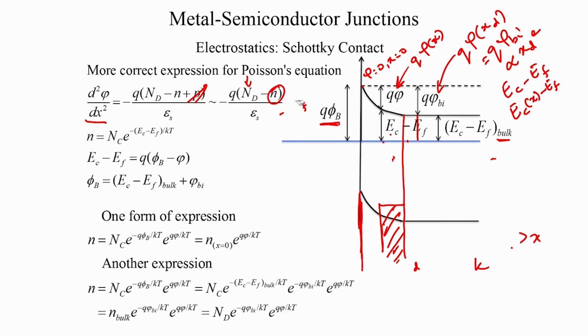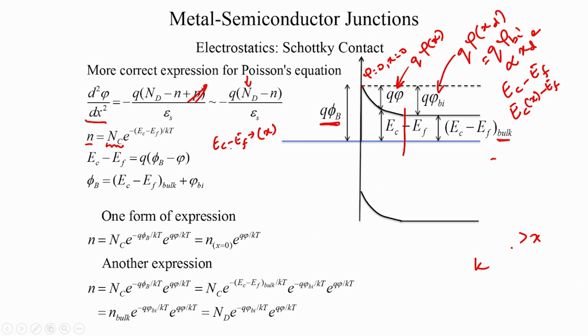Okay. So, let us identify n a bit more clearly, and I will just get rid of these marks here so that the slide is more clear. So, what is n? n is the effective density of states in the conduction band, N_C, times e to the power minus (EC minus EF) by kT, and we know that in the depletion region EC minus EF is a function of x.